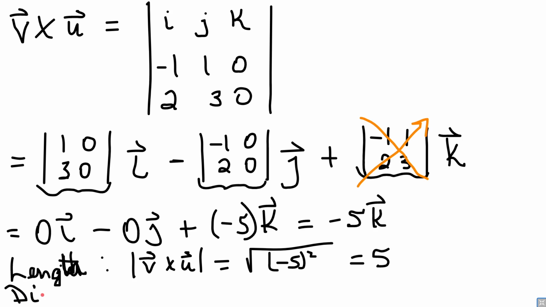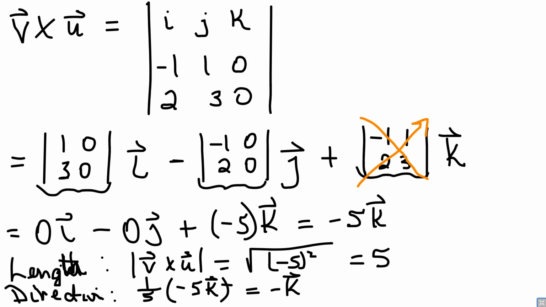And then for the direction, we're looking at the unit vector. So we're going to take 1 over the length times the vector. And the vector that was formed was -5k. So we're going to end up with -k. Okay.